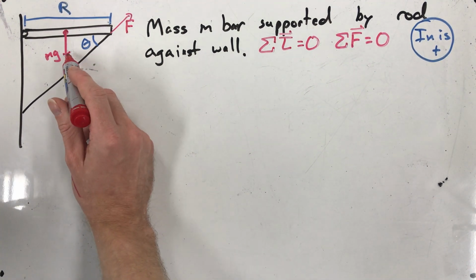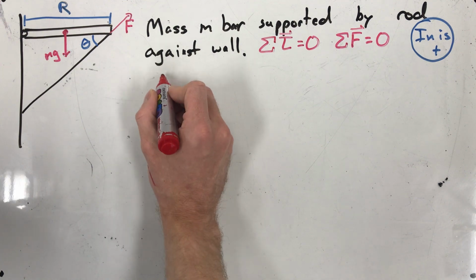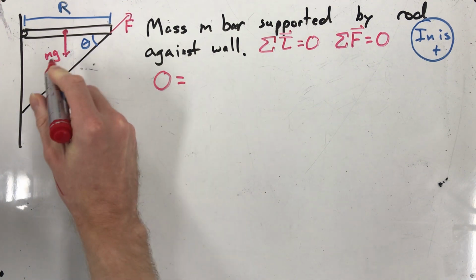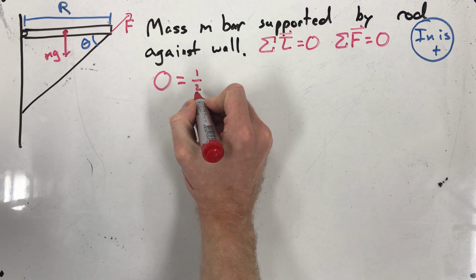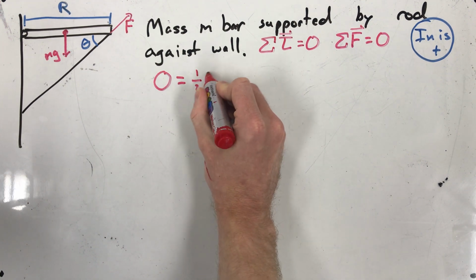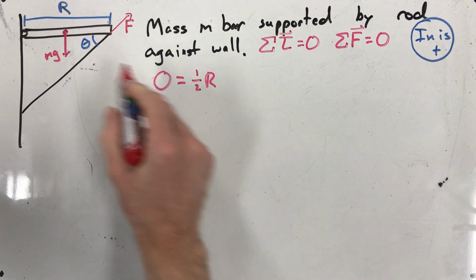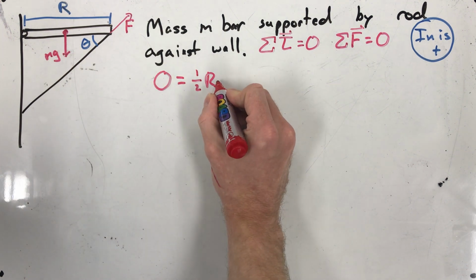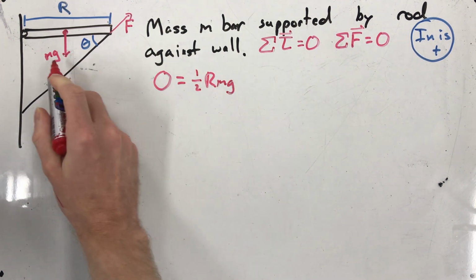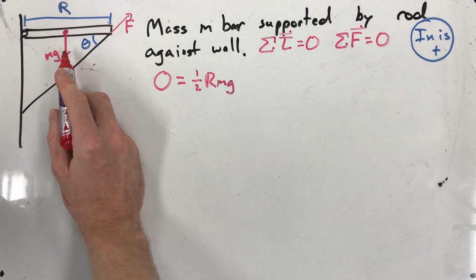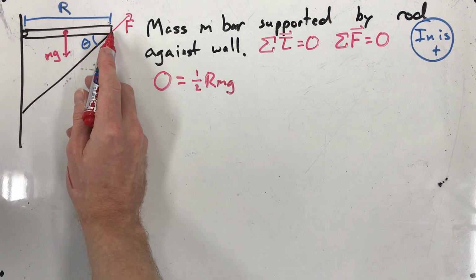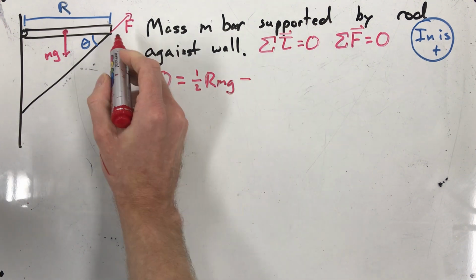So the torque caused by mg is going to be, let's say, 0 equal to the torque caused by mg, which is 1/2 r. All right, our lever arm is actually half the length of the bar, times mg, because the force is the weight of the bar. That's actually what's exerting the torque here. It's the force of gravity on the bar. And this is exerting a negative torque.